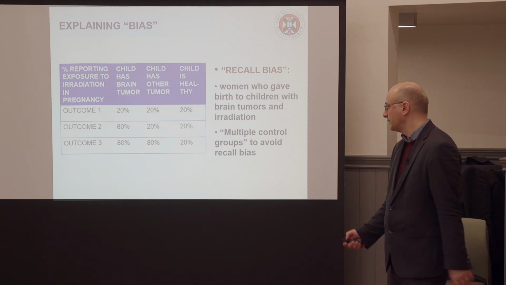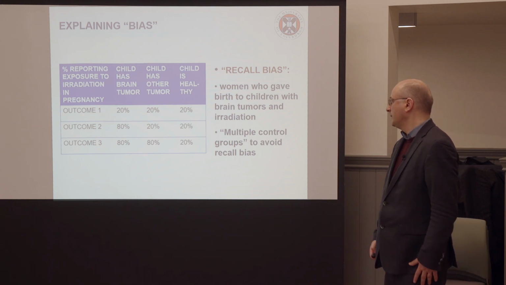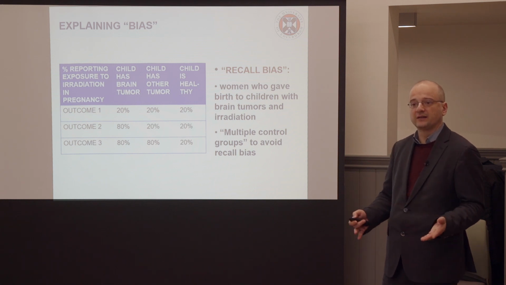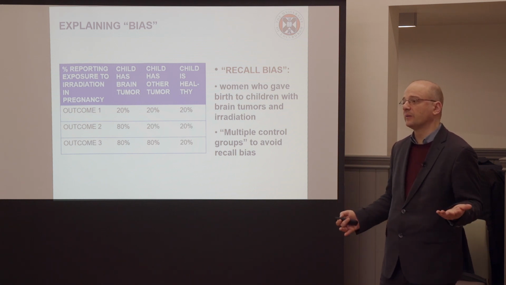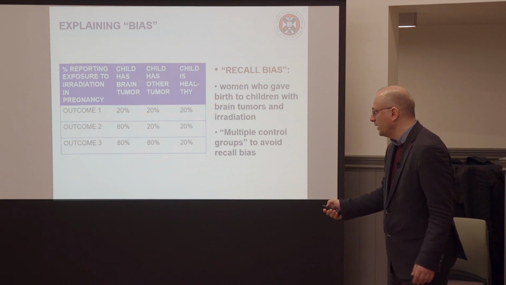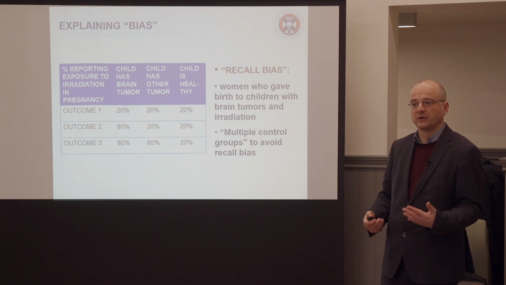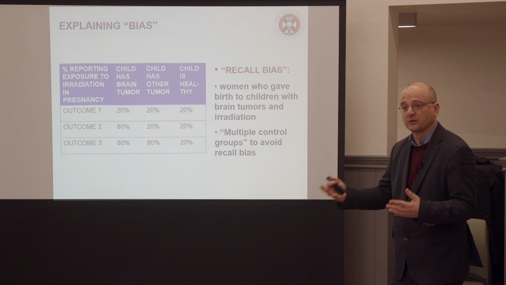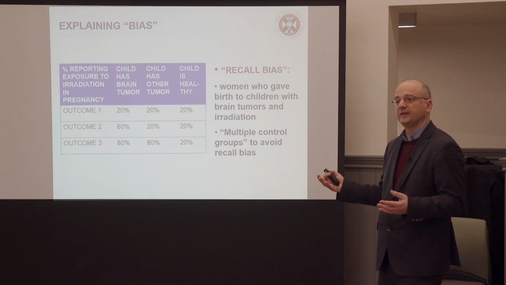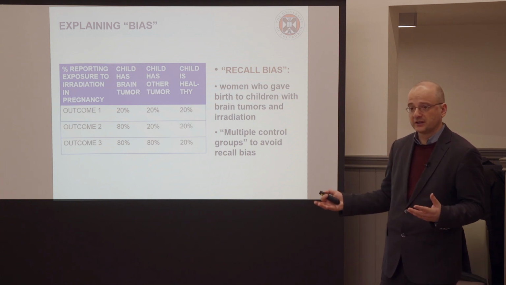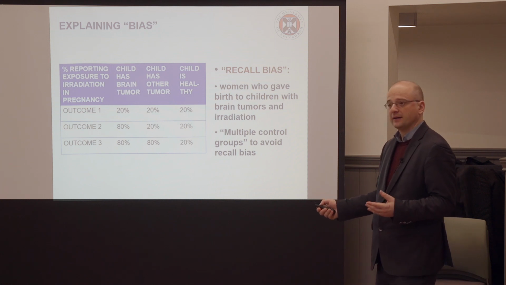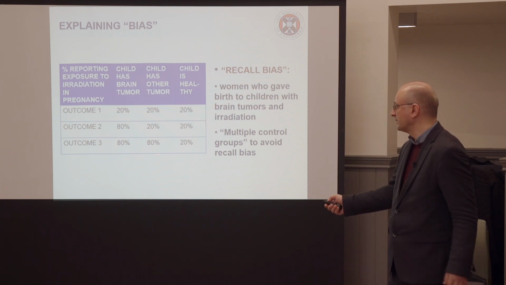Or it could mean that mothers whose kids have cancer simply have a phenomenal recall bias about this. Since we know that radiation doesn't cause some cancers at all, if the mothers whose children have that cancer report a high level of irradiation, that means that they're biased.